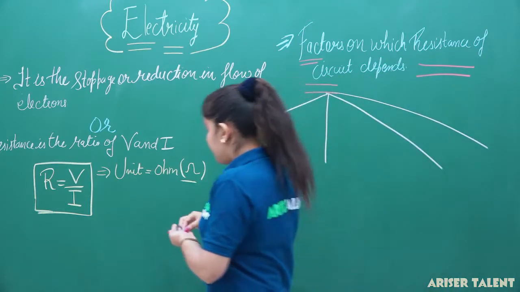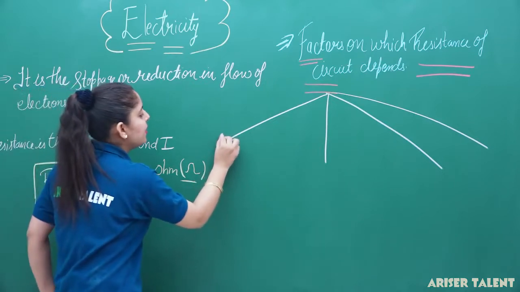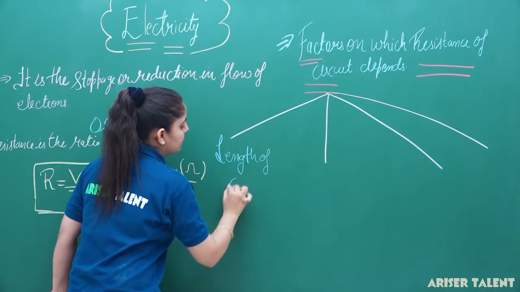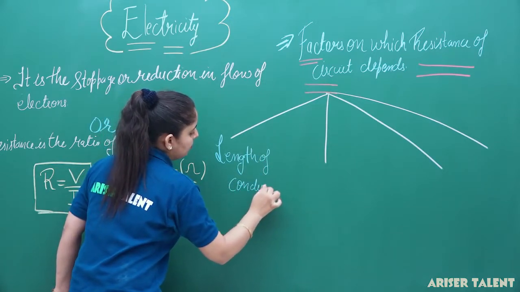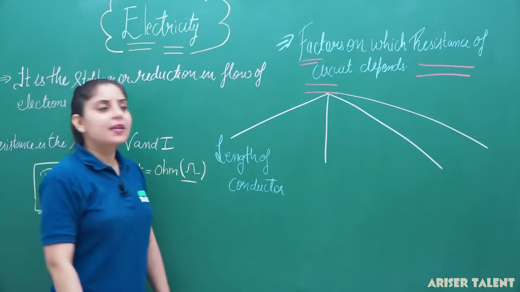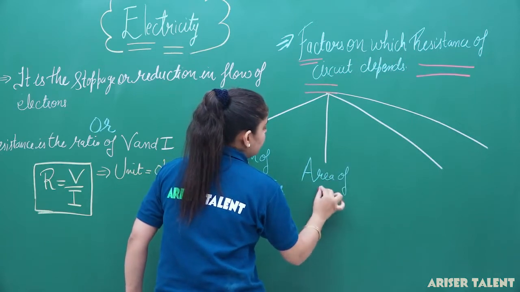The first factor is the length of the conductor. Second, the resistance of a circuit also depends upon the area of the conductor.